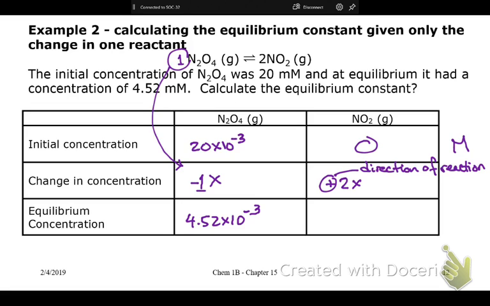So all I know right now is, this is my I, this is my C, and this is my E. If I take the I plus the C, it's going to be equal to my E. That's what I'm doing.